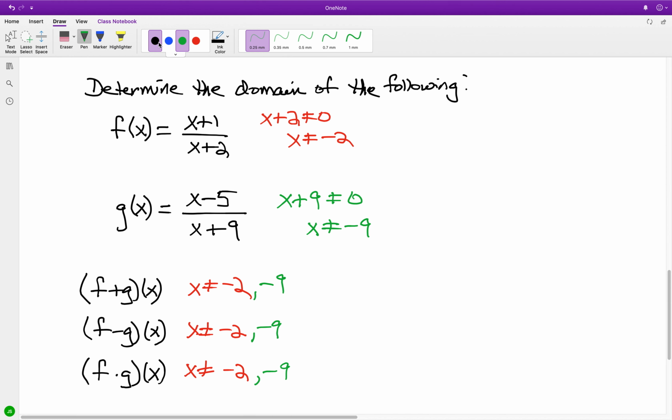And now for f of x, if I express the domain in interval terms, we're leaving out only -2. Again, we have parentheses throughout.